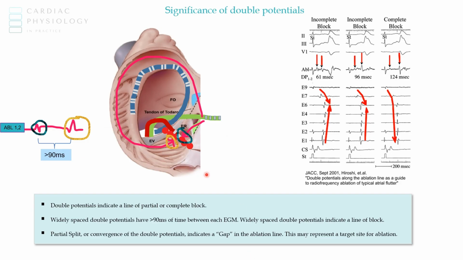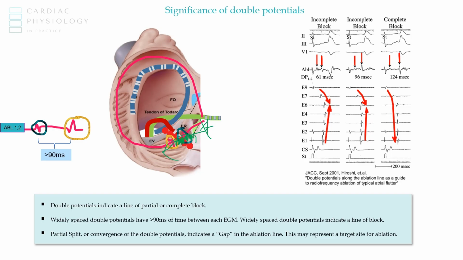So let's say the CTI wasn't blocked. What would happen is we pace the coronary sinus, and then the pacing would slowly go through the CTI because we've injured it, but it's not blocked. So it would slowly depolarize the medial tissue, slowly depolarize the tissue beneath, and then slowly depolarize the lateral tissue.